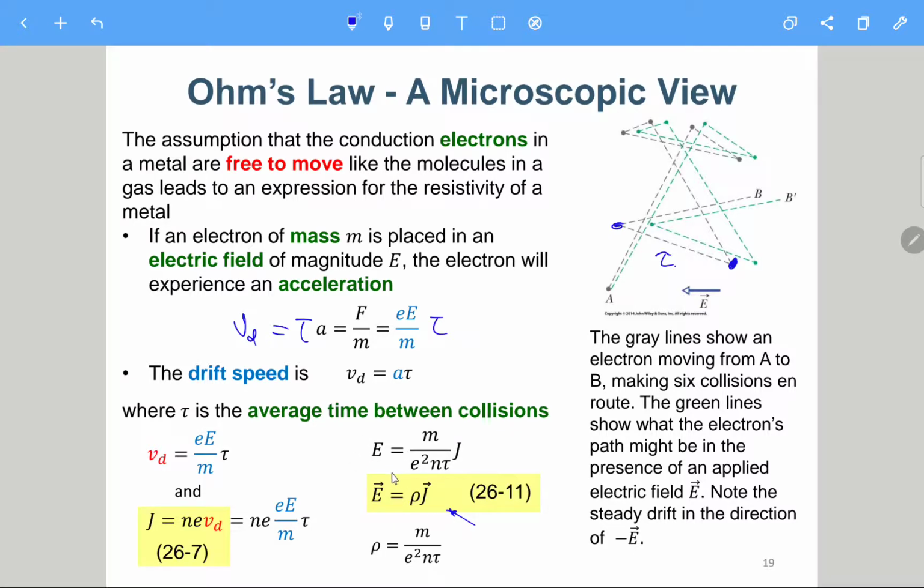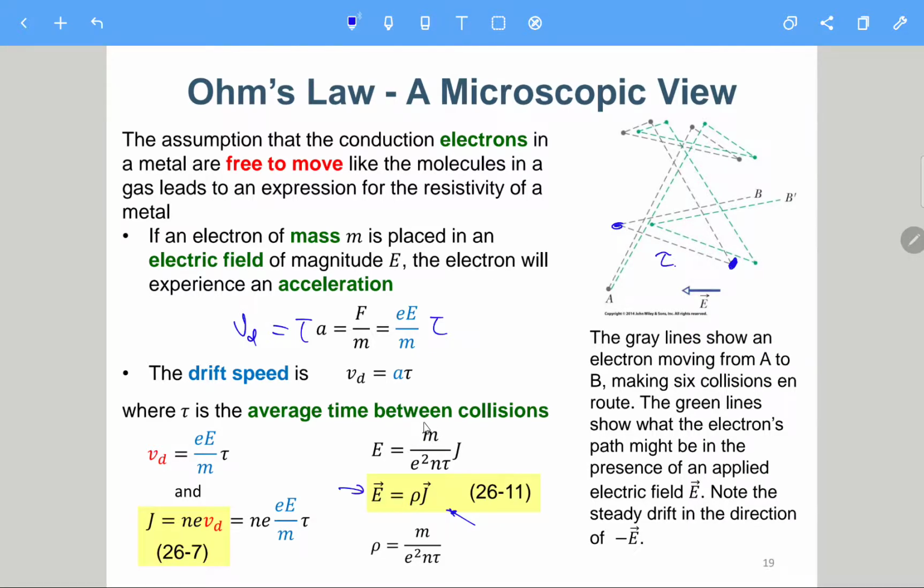Of course we hope to get E equals rho J. Now we already have E and J here. So this term might be an approximation of rho. The derivation here is to show that from a physics point of view, there should be a constant relating this one and this one.